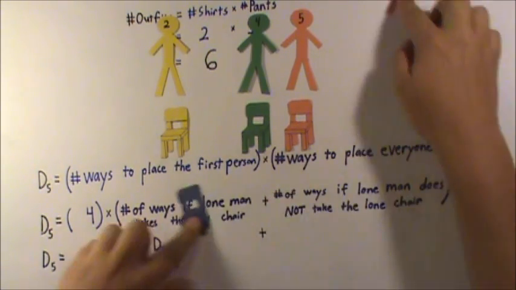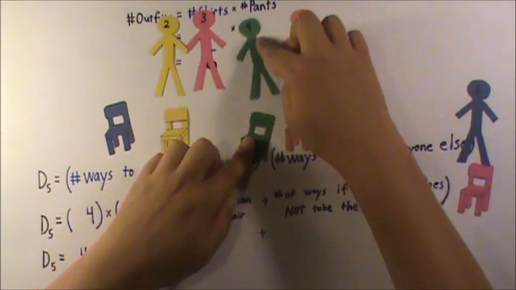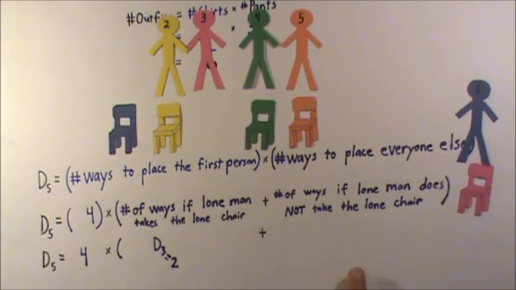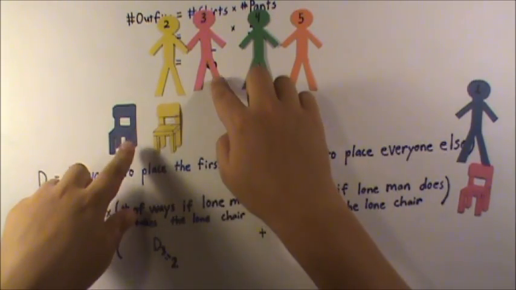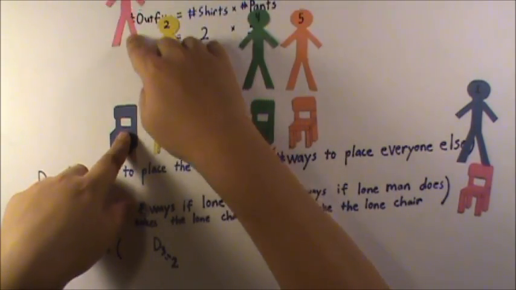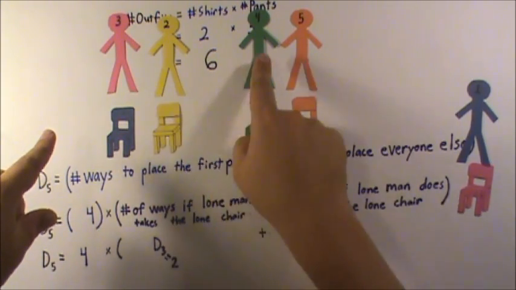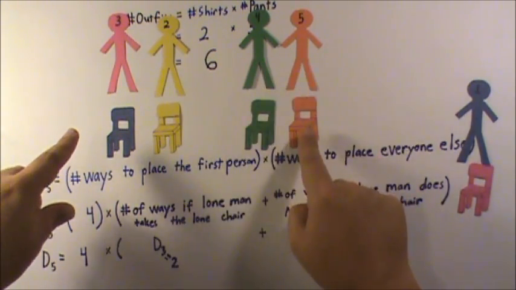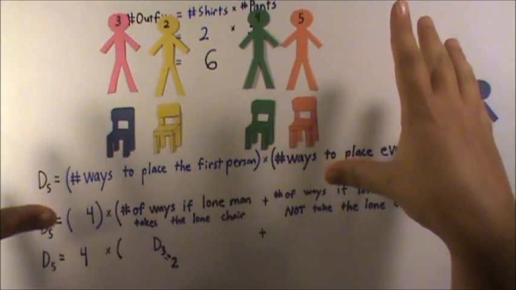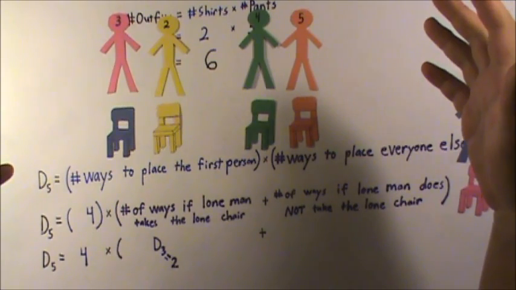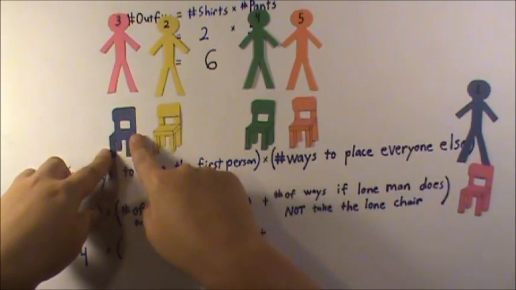Now, if we want to know the number of ways if the lone person does not take the lone chair, okay, so this person cannot take this chair, this person can't take this chair, this person can't take this chair, this person can't take this chair. How many ways can that be arranged? Well, they can't take their own chair, and this I'm going to just call his own chair.